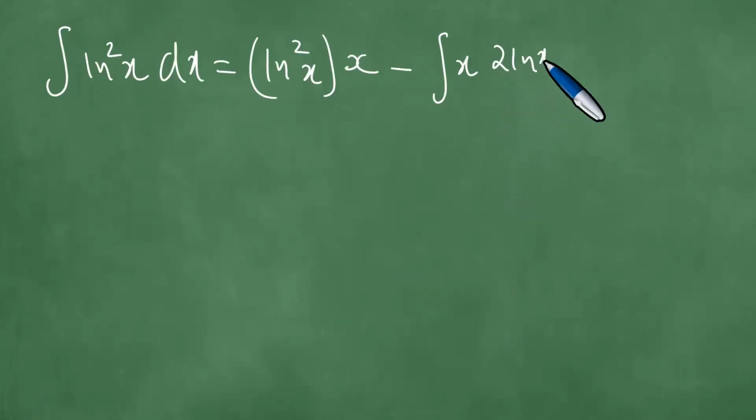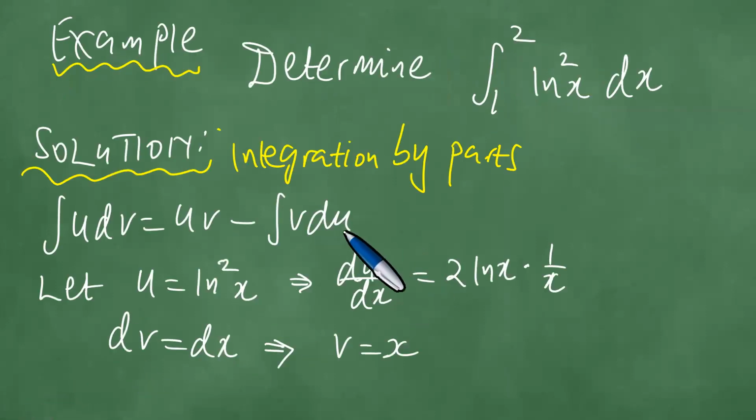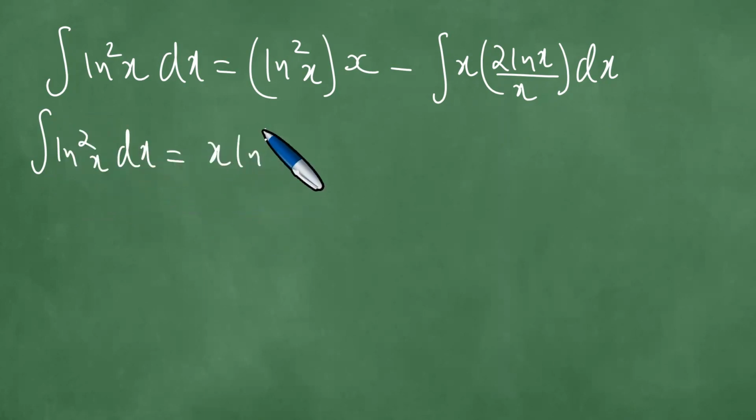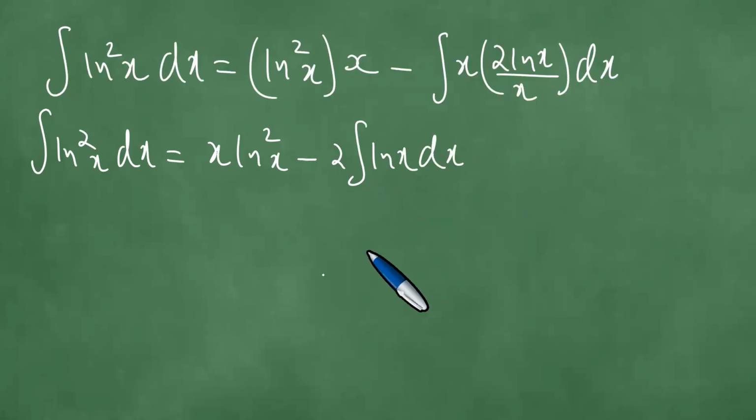We're using the v du in the integration by parts formula because that is what the formula states precisely. I have deliberately left out the limits of integration because I want us to focus on evaluating the integral first. The x cancels, the 2 can be factored out, and you have the natural log, like so.